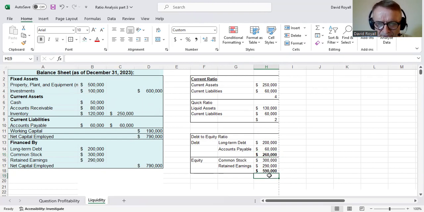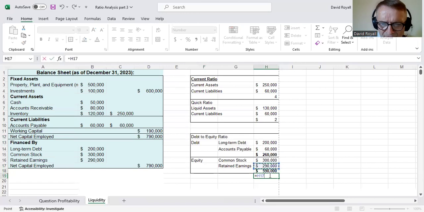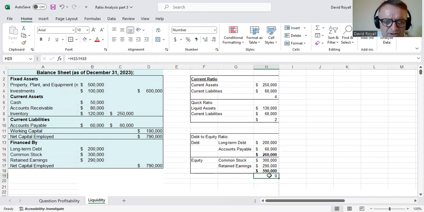So how does that compare? Well, what we do is we now do a ratio, 260 divided by the equity. So if I can just, now I need to go to two decimal places.